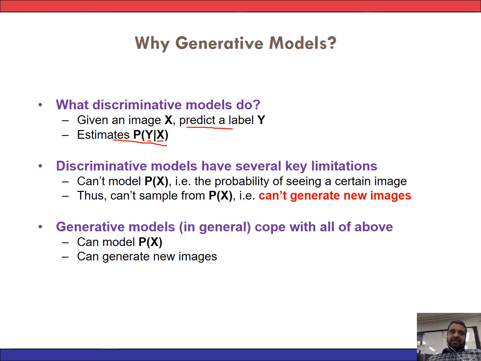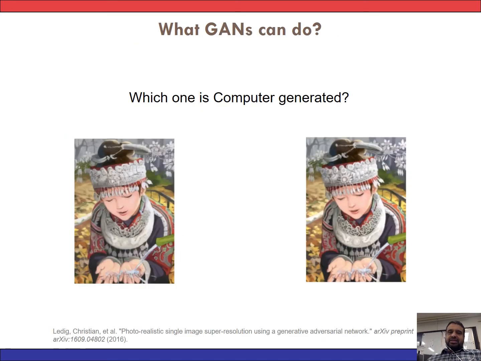So if it cannot learn the data distribution, we can say that it lacks in generating new images. On the other hand, the generative model learns the data distribution P of X, and it has the capability of generating new images.